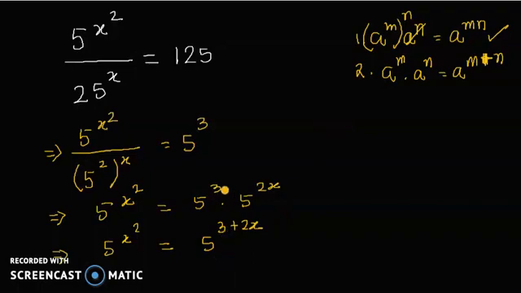Sorry, in this actually there is a slight mistake. That is why it is 3 plus 2x, this 3 and plus this 2x.